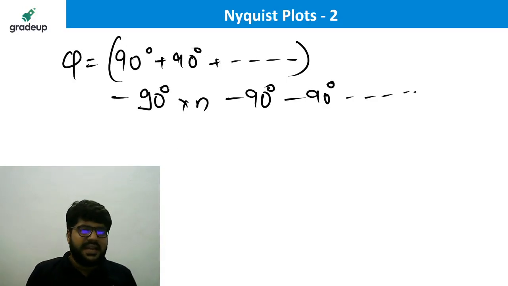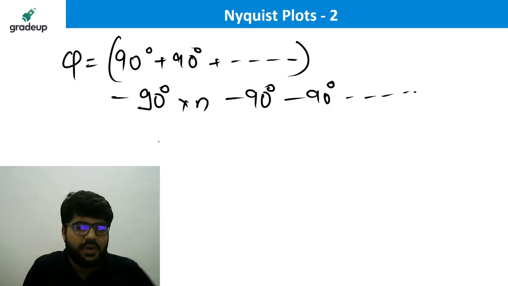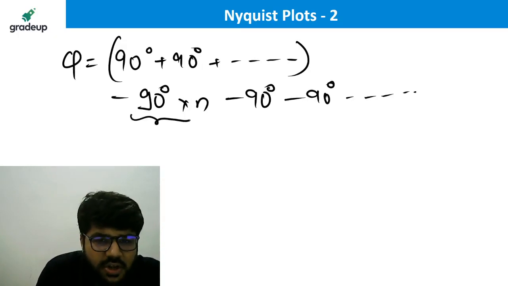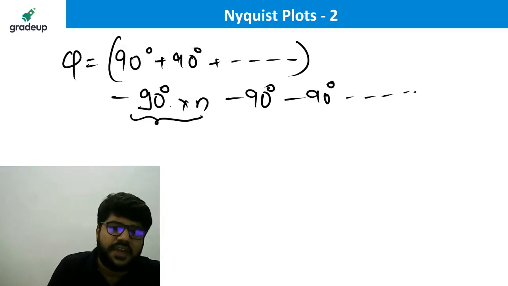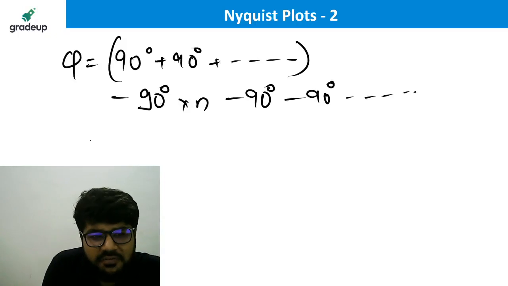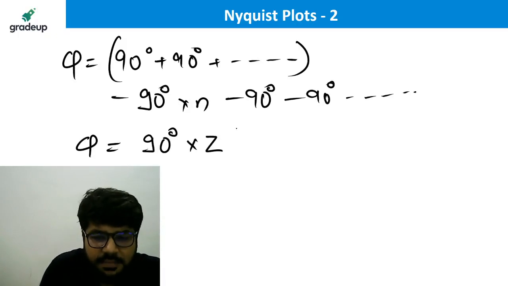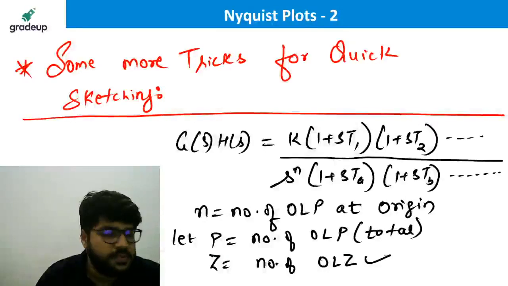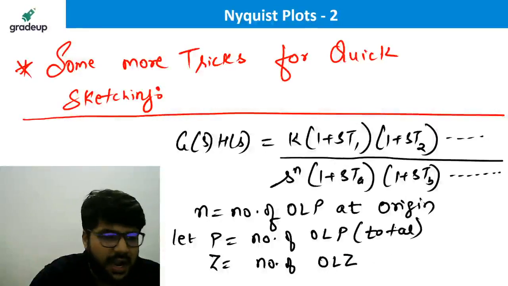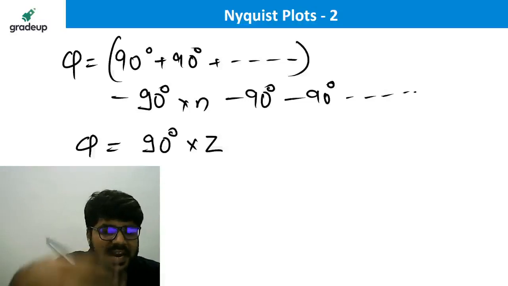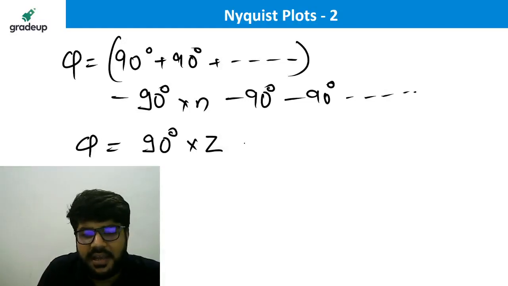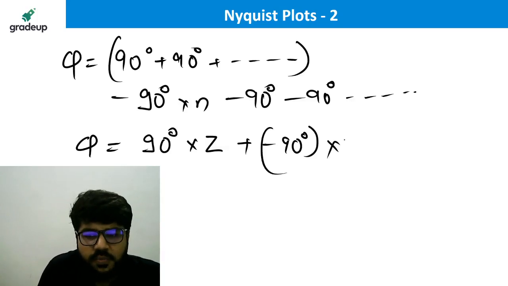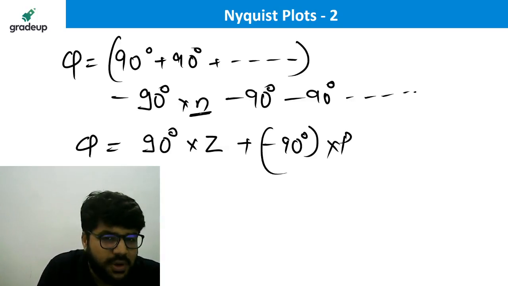Okay, plus 90 for zero, minus 90 for pole, and this is also minus 90 into n because of n poles. Finally this phase can be written as 90 degree into z. मैंने क्या बोला? Z is the number of open loop zeros. जितने भी zeros होंगे, that many times plus 90 will come, ठीक है, and then minus 90 degree into p, where this also counts the poles at origin.